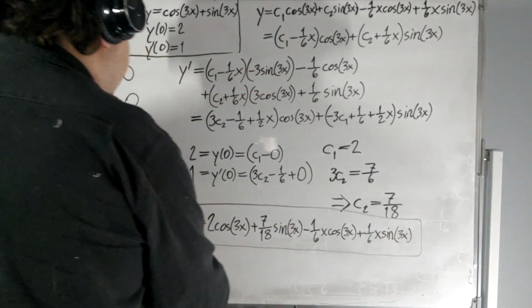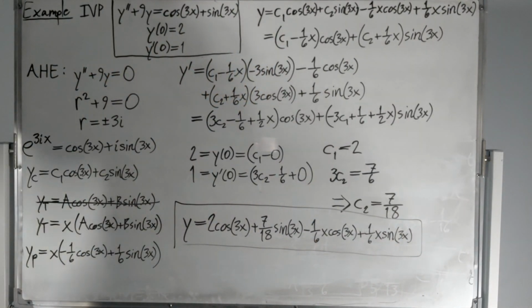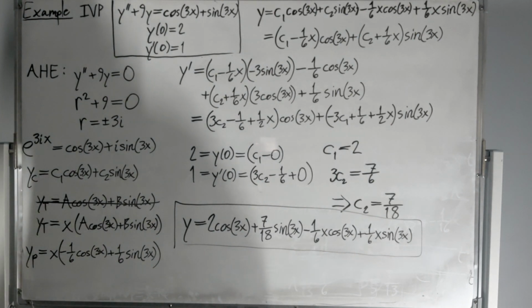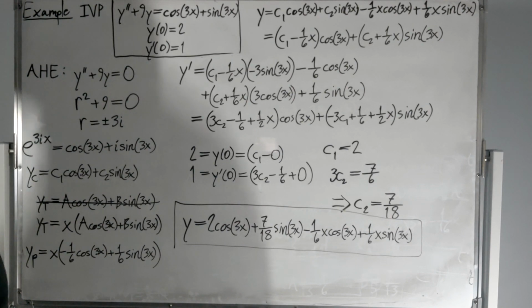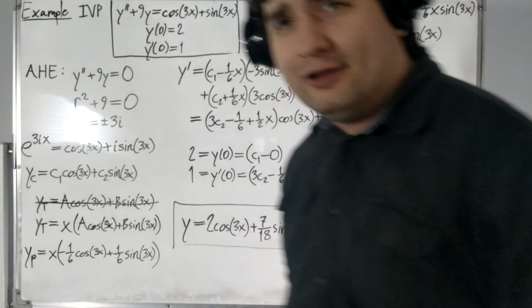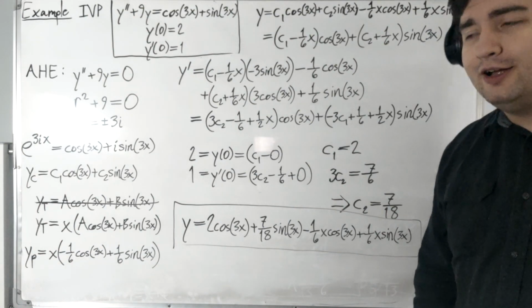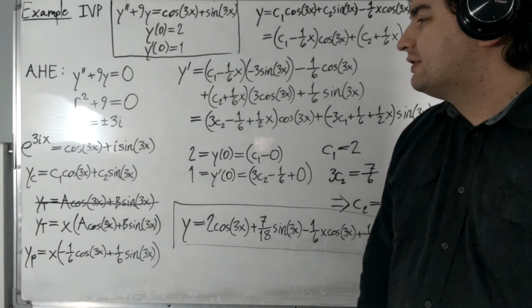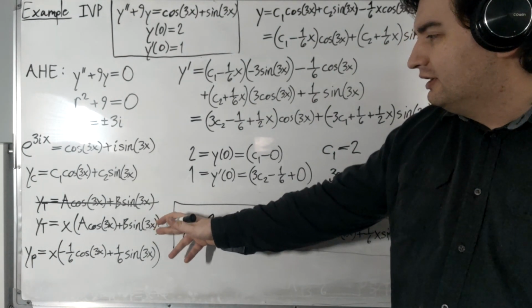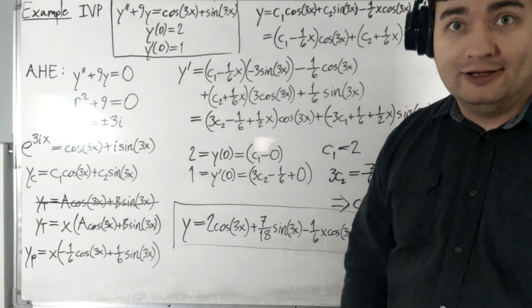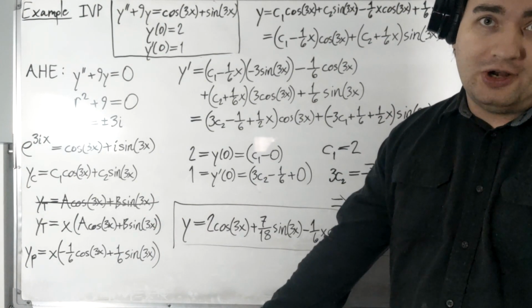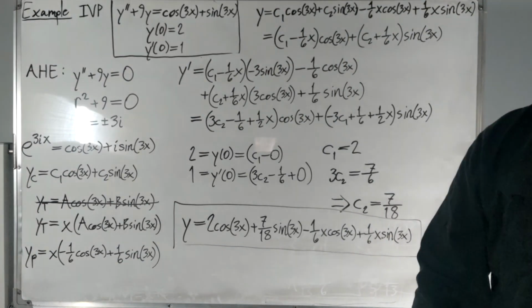And that's our answer. It's quite a lot, isn't it? Just multiplying by x one time made this much more complicated, I think, just because that's how the product rule works. All right.